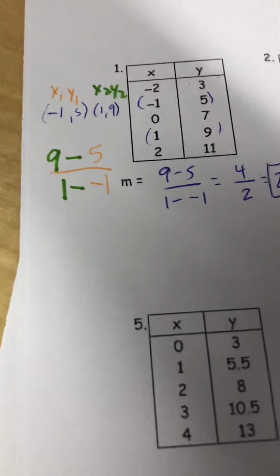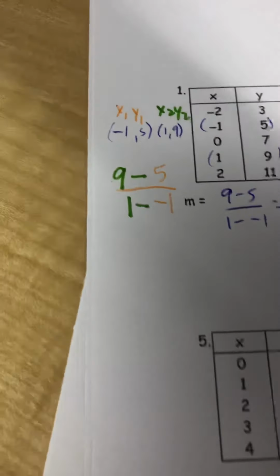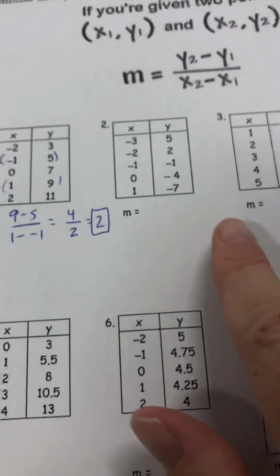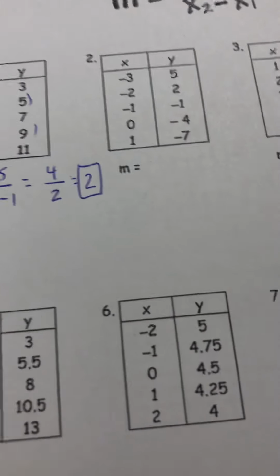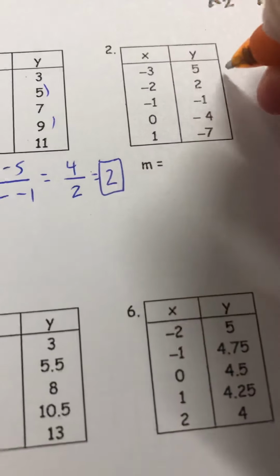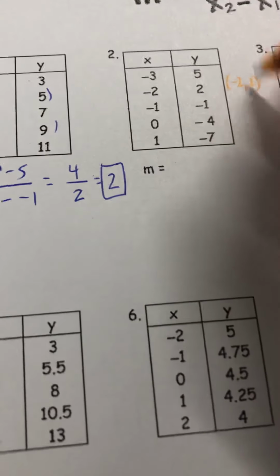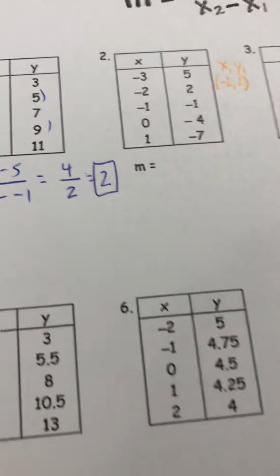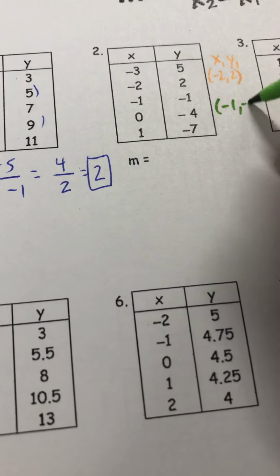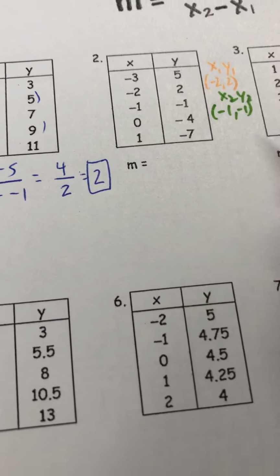Let's try another one, just to make sure we're doing the right thing here. Looking right here, again, I'm going to pick 2 points. So let's go with this negative 2, 2. We'll call that my x1, y1. And we'll go with, I don't know, negative 1, negative 1. Sure, that's my x2, y2. It can be any one.